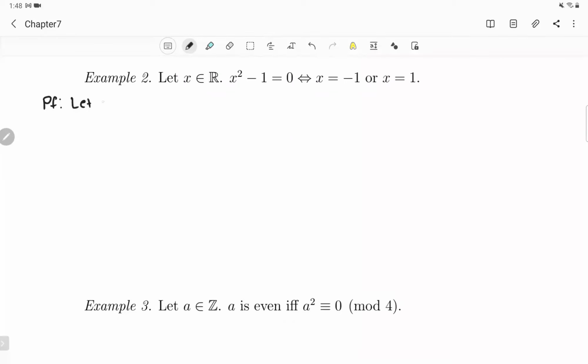Let x be an element of the real numbers. Let's start with the backwards direction. Why not? It doesn't matter. We can start with whichever direction we want. So I'm going to assume x equals -1 or x equals 1.